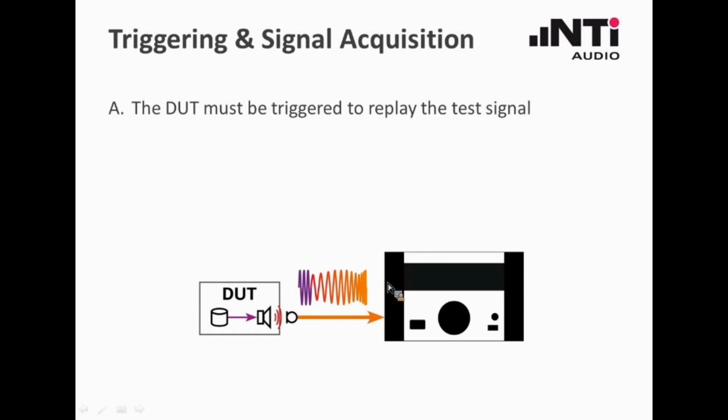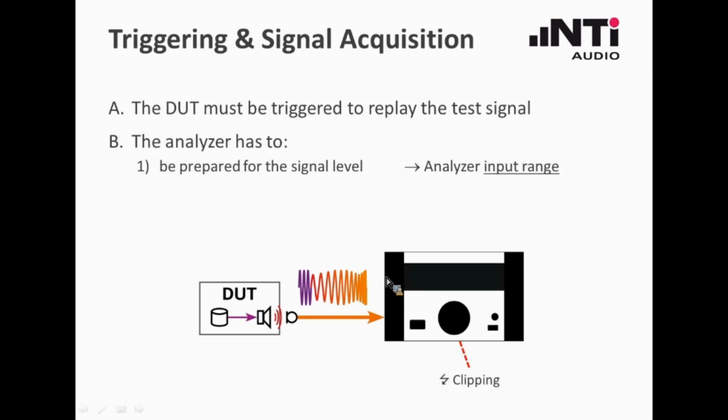For instance, here we have to arm the analyzer in a way that it is prepared for the right signal level. This applies for the input range, the sensitivity of the analyzer. Imagine that the input range is too small, which means the analyzer can only cope with very small input signals. And now you have a rather large signal coming in.